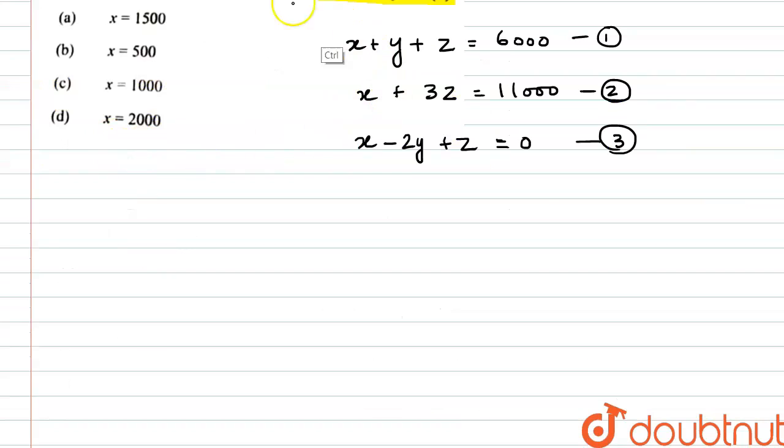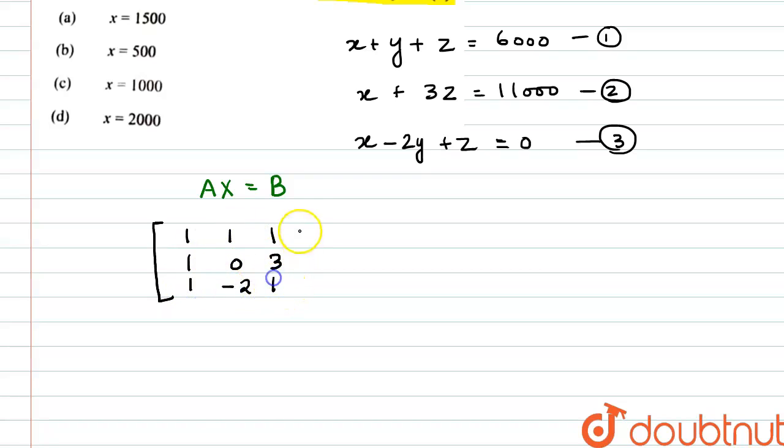For this, if we take the coefficient matrix as A, we know the formula AX is equal to B, where we can write A in matrix form as 1, 1, 1, 1, 0, 3, 1, minus 2, 1.